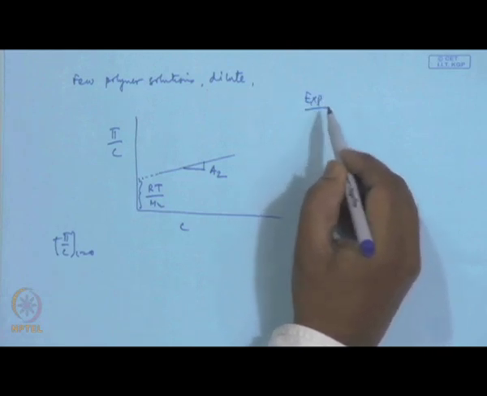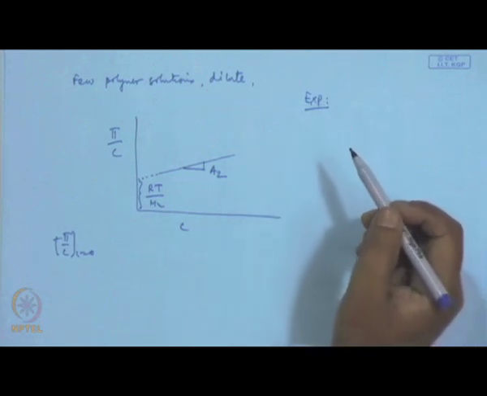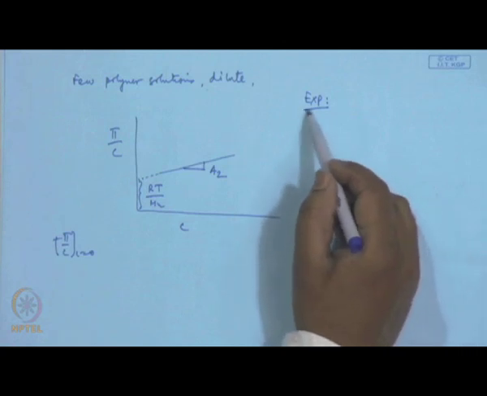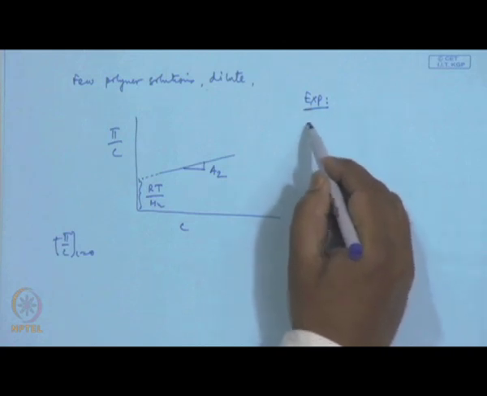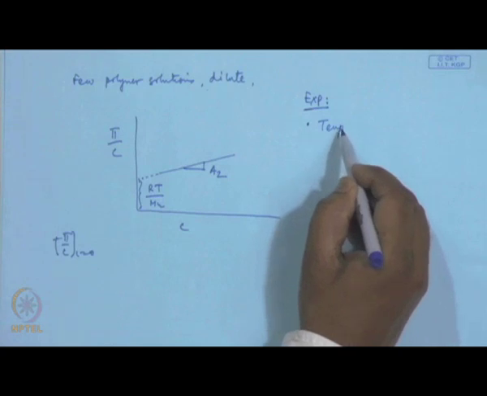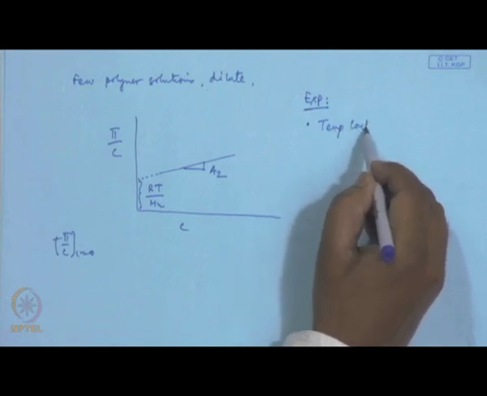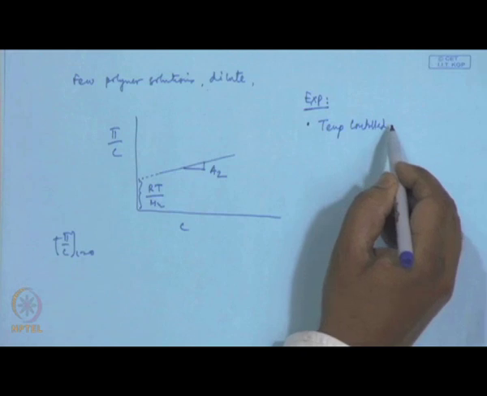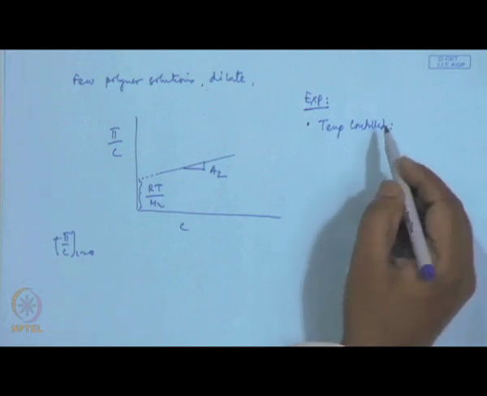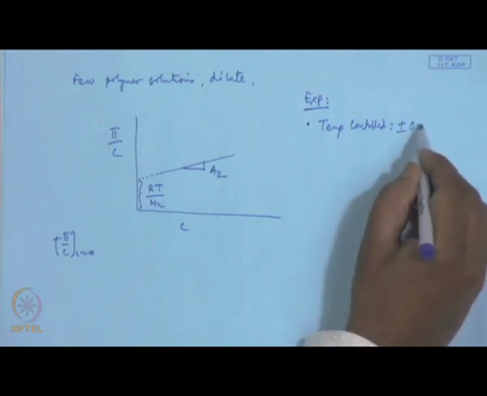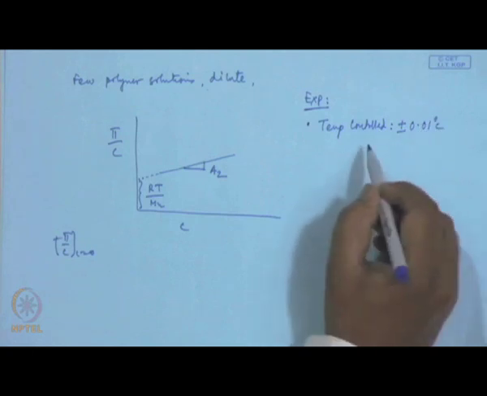Now, in terms of experiment, what are the things we should remember? One is that temperature control has to be very precise, because osmotic pressure is very much dependent on temperature.